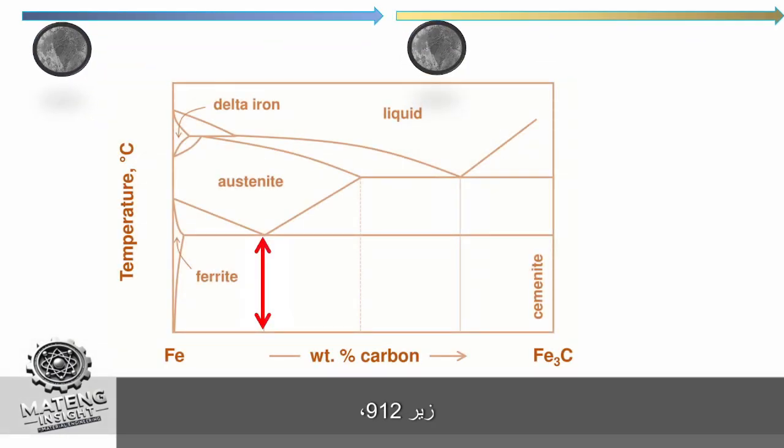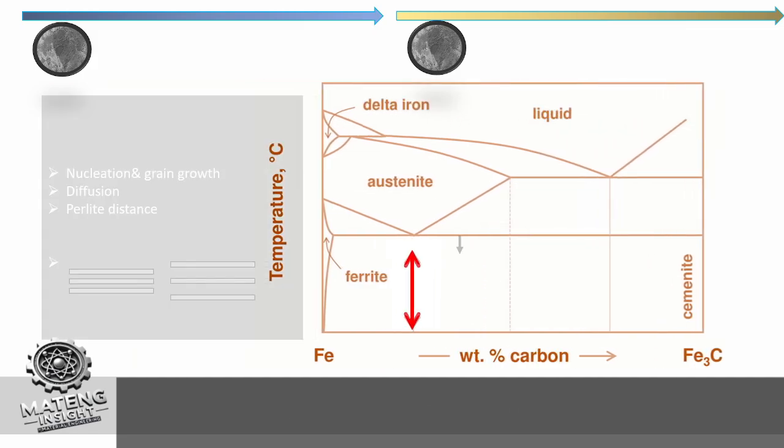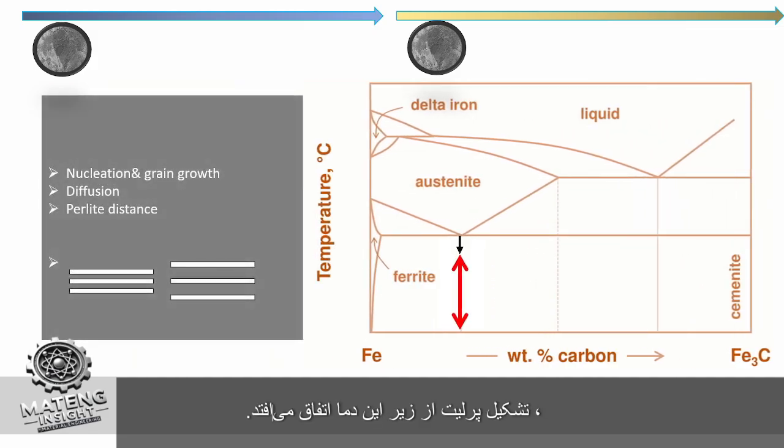Below 912, what is the effect of temperature on pearlite? First, the formation of pearlite occurs from below this temperature. In fact, the rate of nucleation and growth of pearlite increases while the temperature decreases. The diffusion mechanism is dominant in the formation of pearlite.